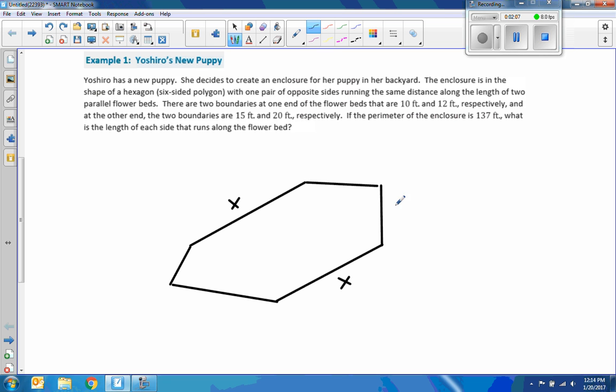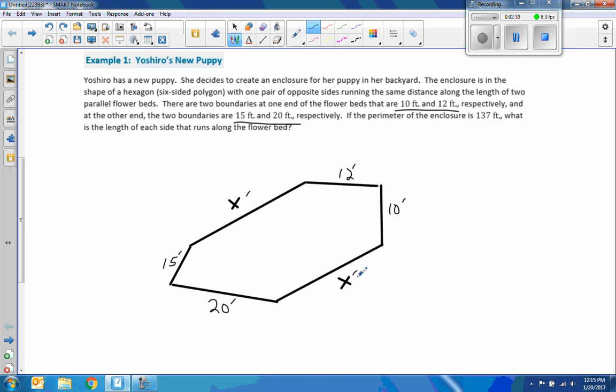This is an enclosure, and let's make this 10 and this 12, and these are all feet. The other two end boundaries are 15 and 20. So let's call this one 15 and this one 20. Don't worry about it being to scale, just so long as we have a picture.